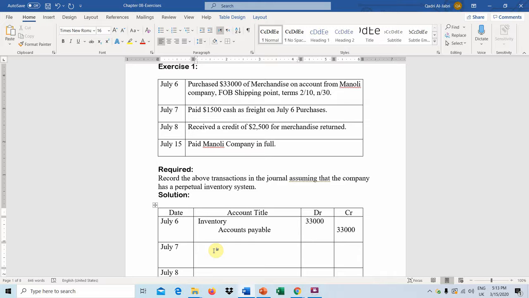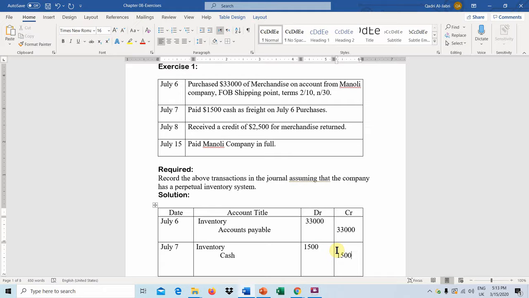So freight in will be part of the cost of inventory. So the freight in cost will be a debit for inventory and a credit for cash. We paid this in cash. So I will debit inventory by 1,500 and I will credit cash by 1,500.